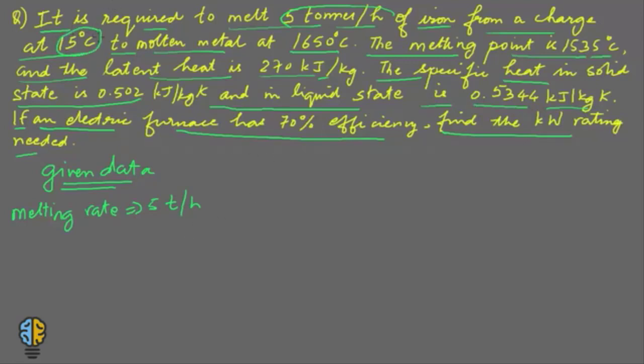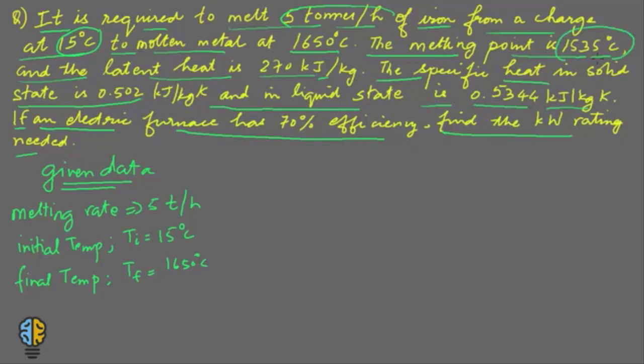The initial temperature, let us say Ti, is 15 degrees Celsius. The molten metal, the final temperature TF, is 1650 degrees Celsius.